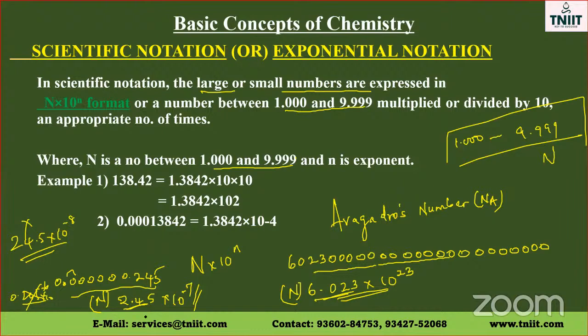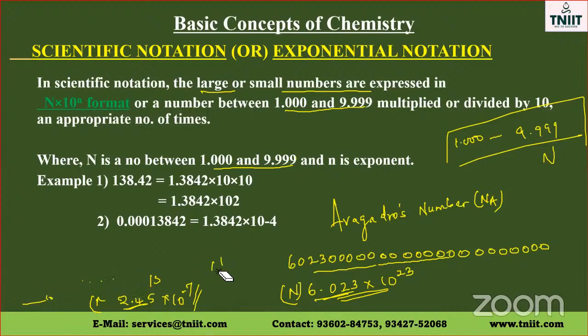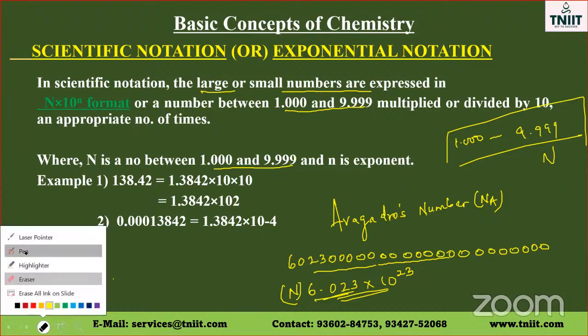There are examples given here also. I'll use the eraser so that I can explain the examples given here. Now, if you observe the first example given here, it is 138.42. We can represent it in scientific notation in this fashion.